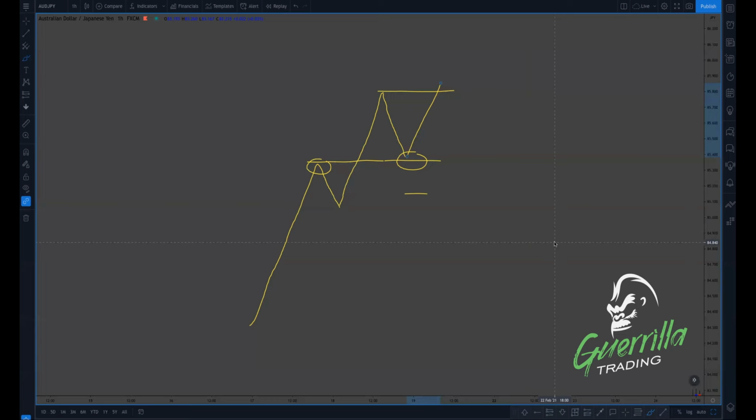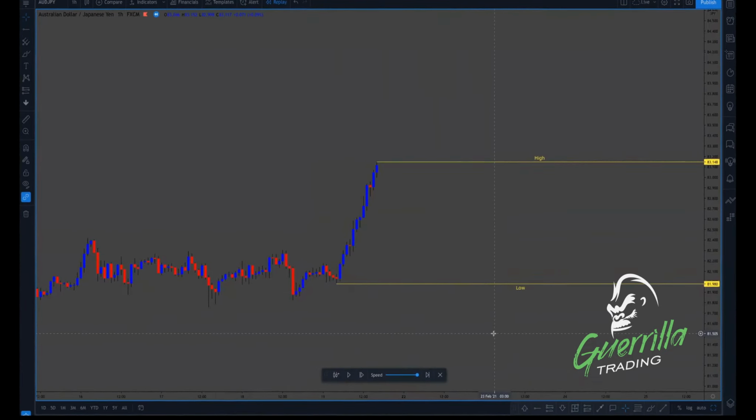So what I'm going to do now, guys, is I'm going to get into some examples on the charts and show you exactly how we're doing it bar by bar, and you can see that in the live market conditions. So here is an example on the Aussie Japanese yen. One thing that I really want to stress to everyone that is watching this video is to make sure that you are checking each and every pair as an individual.